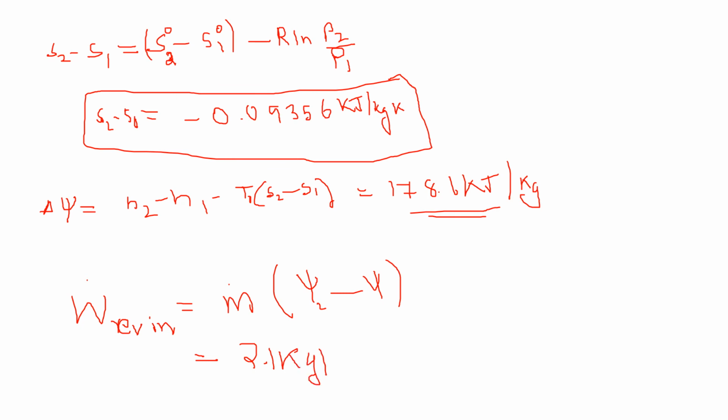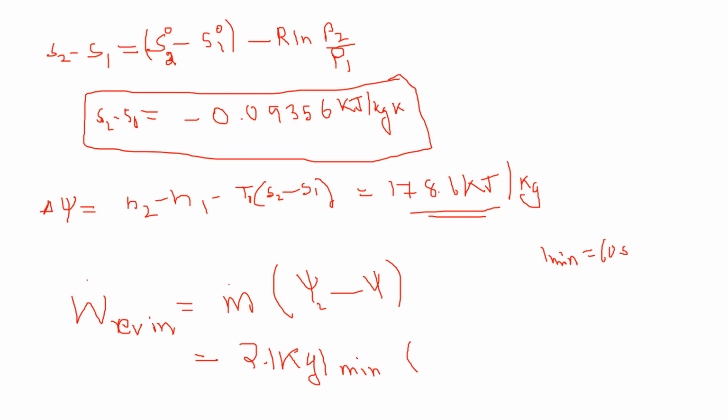per minute. It's given in minutes, so you have to change it into seconds. That is your duty, to change this kilogram per minute into seconds, because we know 1 minute equals 60 seconds.